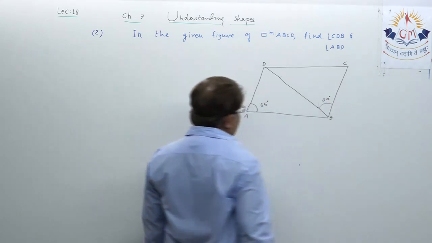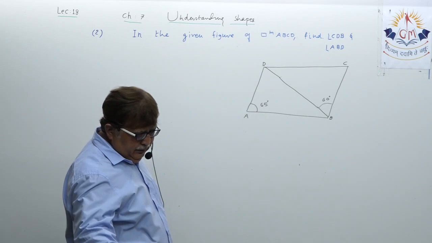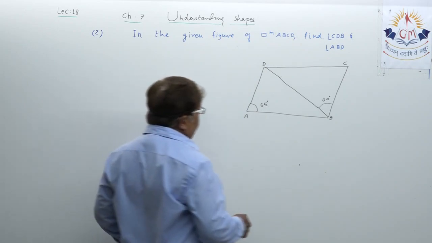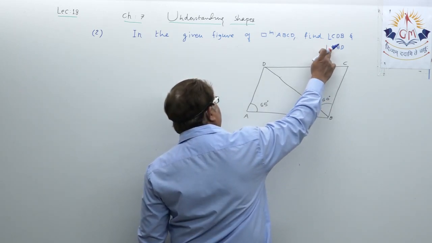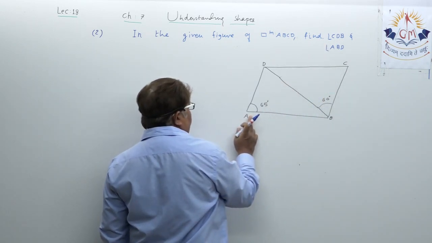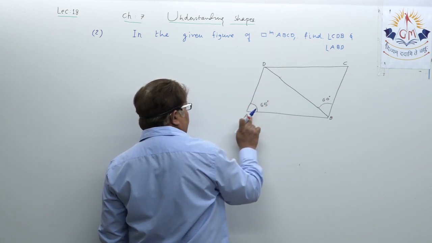Two angles are mentioned, and the rest of the two angles we have to find. Let us show in the diagram first this angle. What is the name of the angle you are looking for?